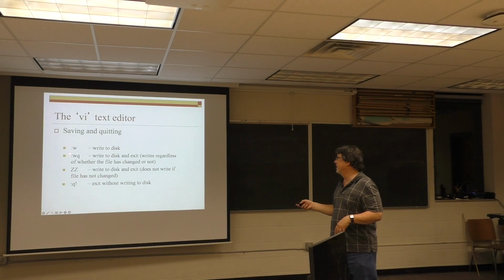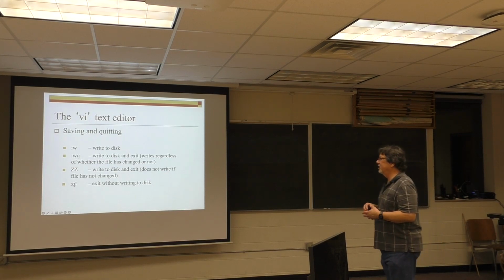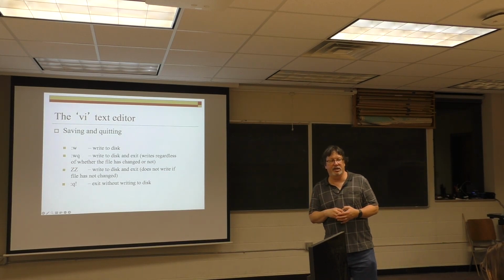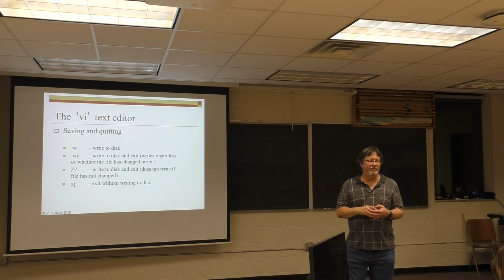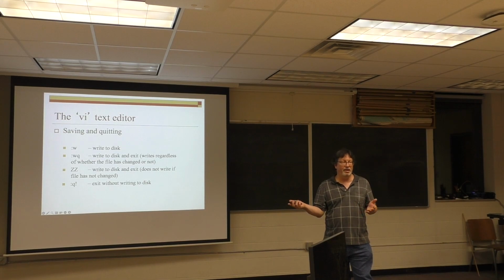And then to exit vi, you can type two capital Z's in a row. It will write it out if you've changed anything. If you haven't changed anything, it will just abandon the changes and exit vi, and the modification time on the file will be what it was before. It doesn't actually save anything because you didn't make any changes.